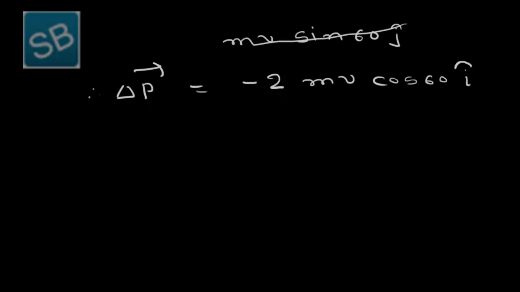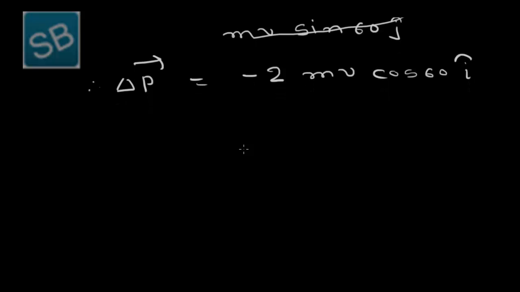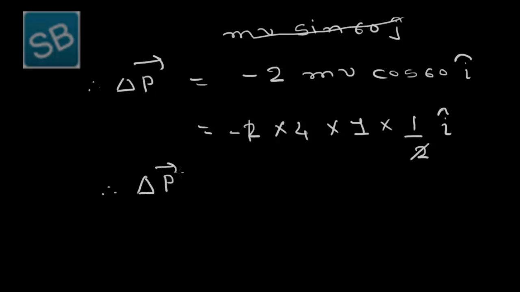And so the momentum change I can find out from the mass, given as 4 kg, and the velocity of the sphere; the initial and final velocities are the same, 1 meter per second, into cos 60 which is 1 by 2, and here it is i cap. So the 2 is cancelled and therefore the change in the momentum is equal to minus 4 i cap kilogram meter per second.